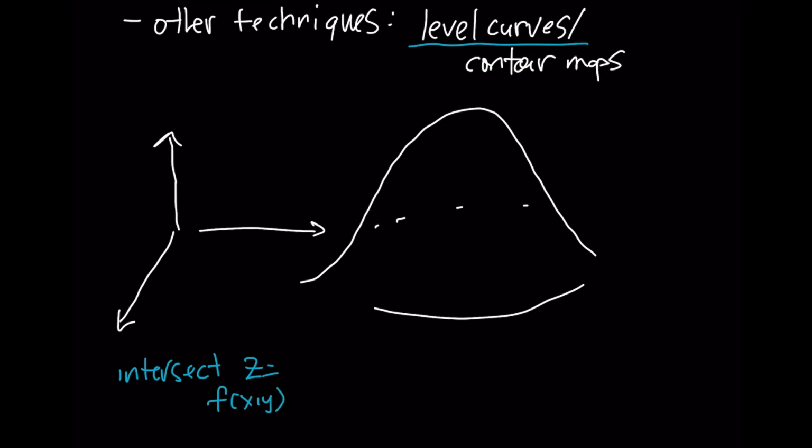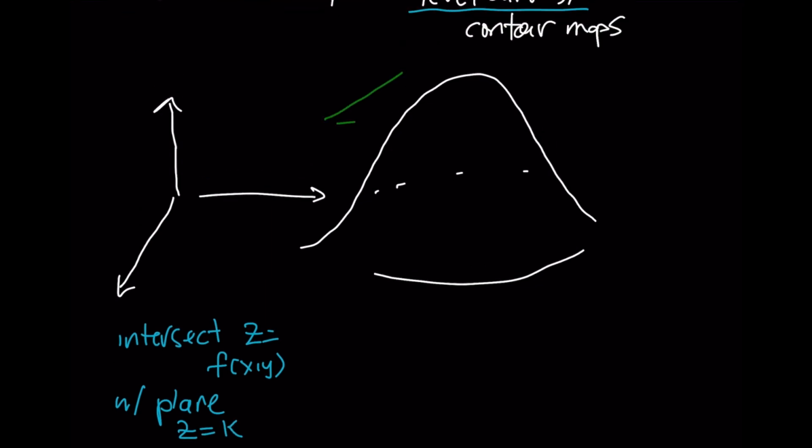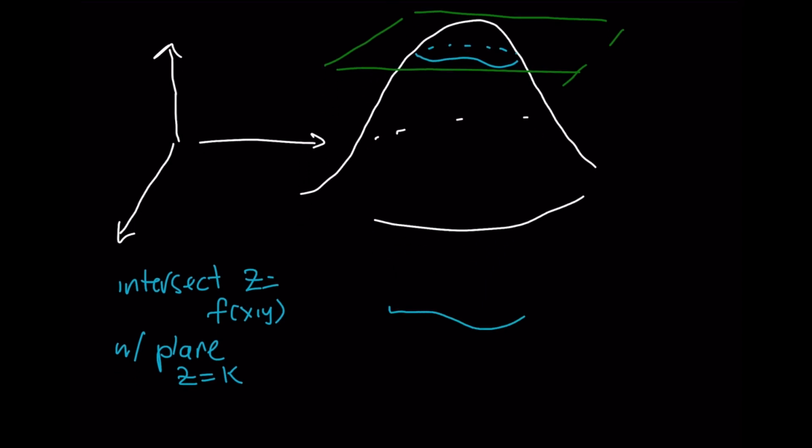So what we're going to do is take a plane at some height, z equals k, and then intersect it with the surface. It's going to create a curve. Now that curve is going to project to the xy plane. It's going to produce what's called the level curve for z is equal to k, or in other words, when f of x and y is equal to k.